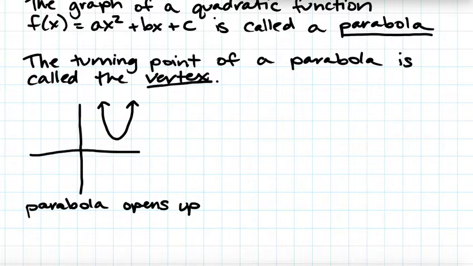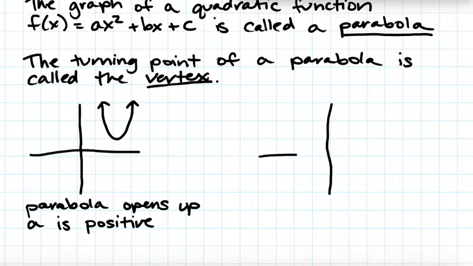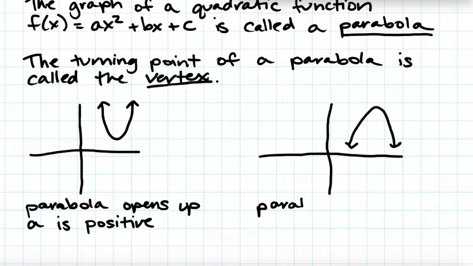And that happens if the leading coefficient is positive, or a is positive. A is in front of x squared, that's the leading coefficient. Degree here is even, which means both arrows point in the same direction, because the degree is 2. Or you could have a parabola that looks like an upside down U shape, which we say opens down or opens downward.